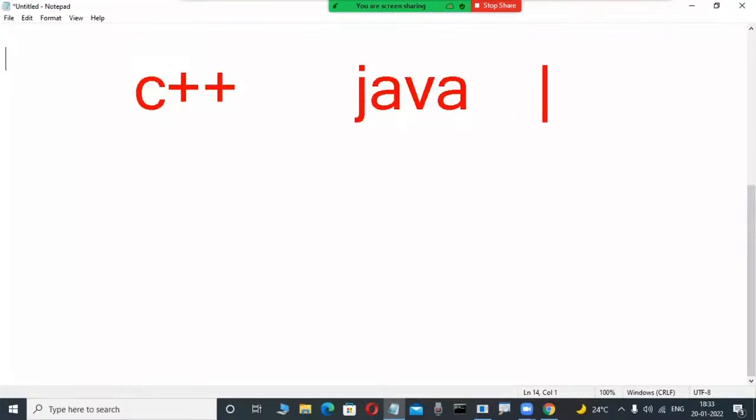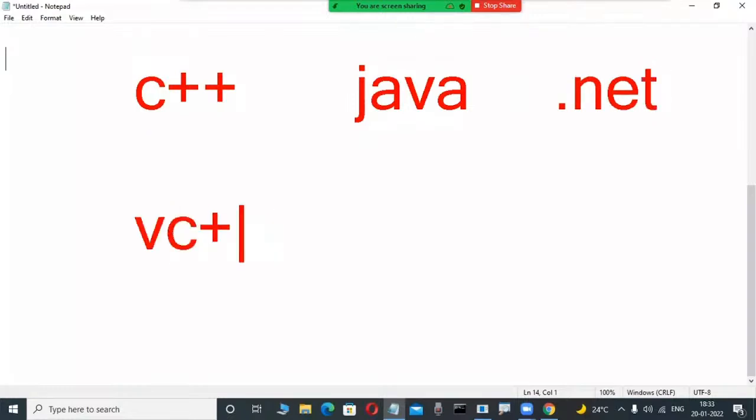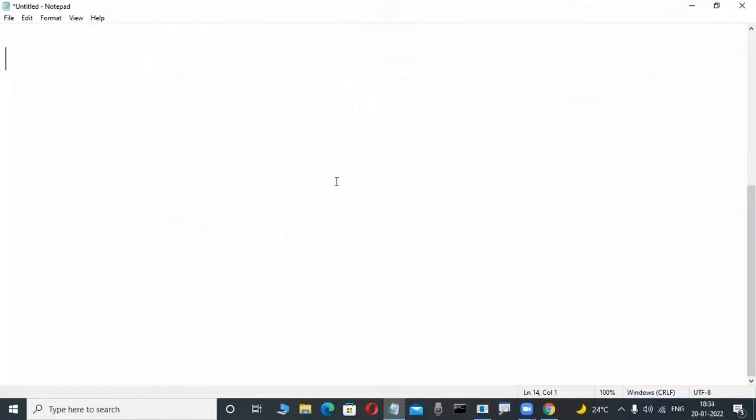C# .NET is an object-oriented language. VC++ is an object-oriented language. So many object-oriented languages are there. Suppose I take two languages as an example. Through them, the same concepts are there, and through similar concepts we will observe whether these SQLs are different or the same.